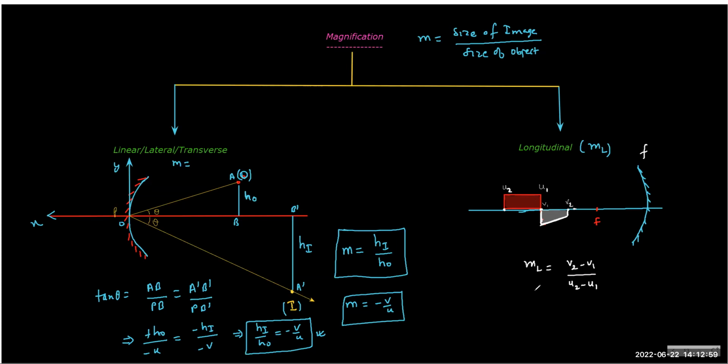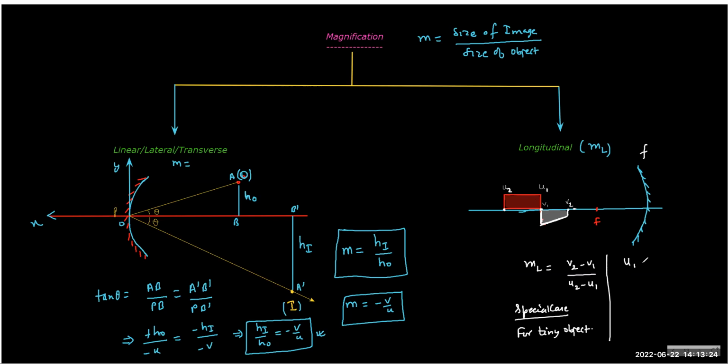So what if U1 and U2 are very close? Now we have something called a special case, for tiny objects, and it becomes really interesting.